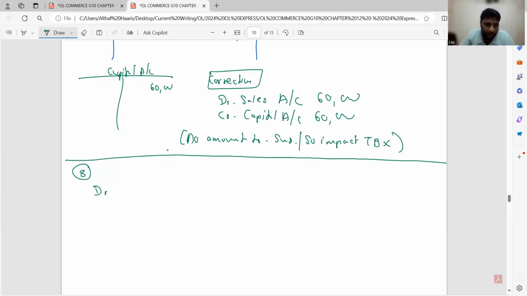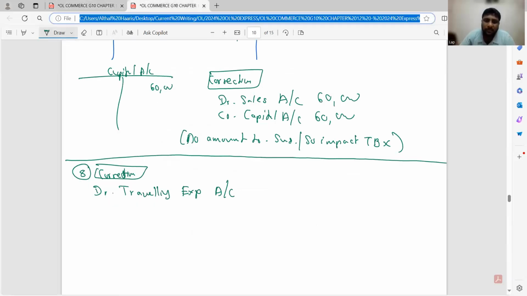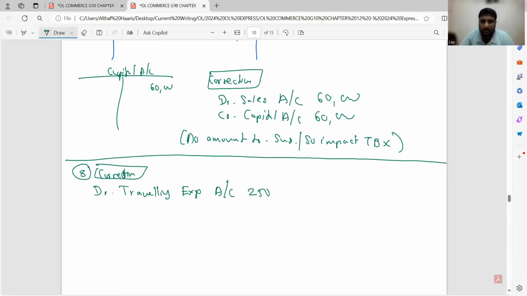So correction: debit traveling expense account, how much is that? 250. Credit the suspense account 250.